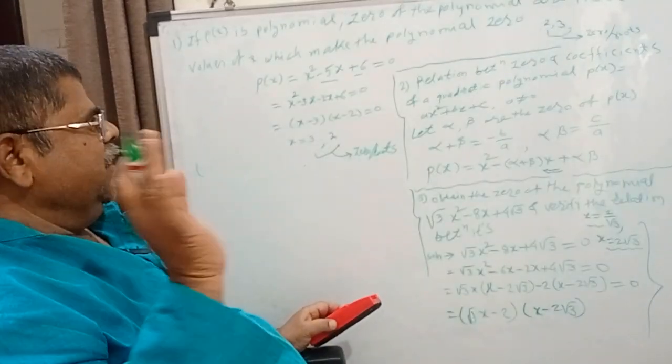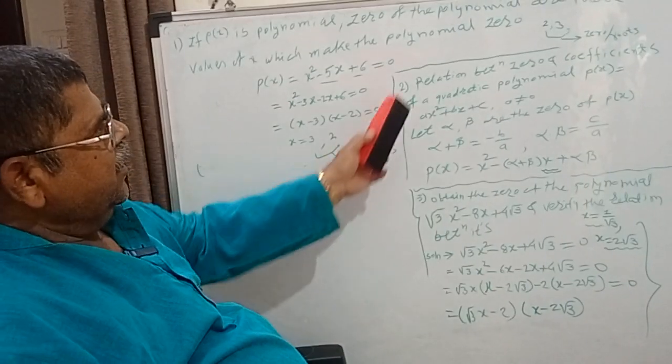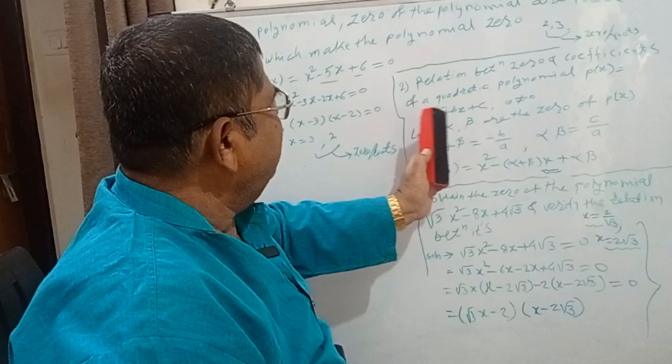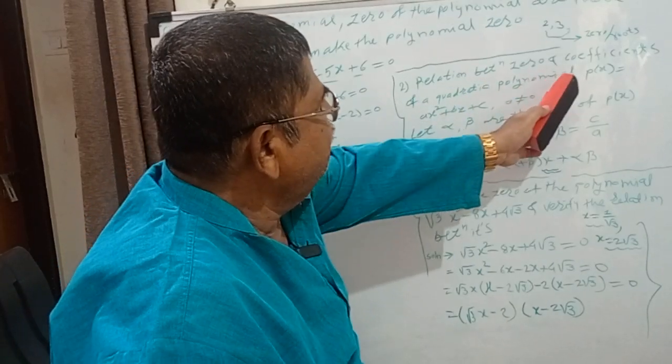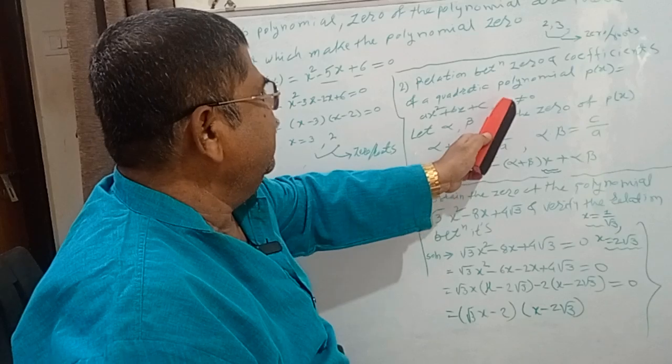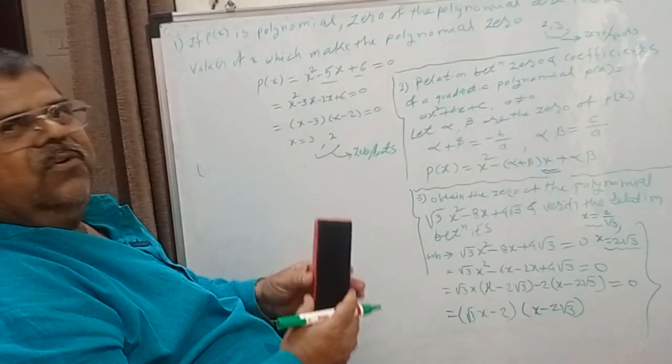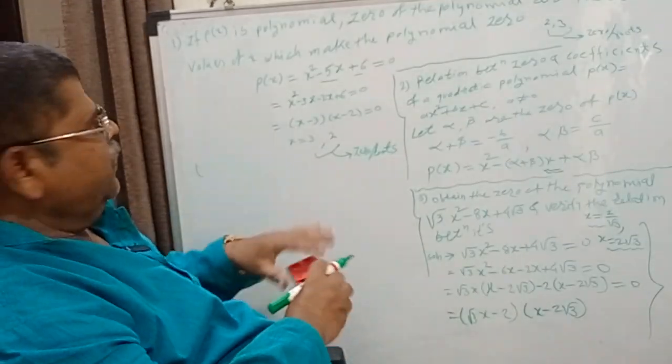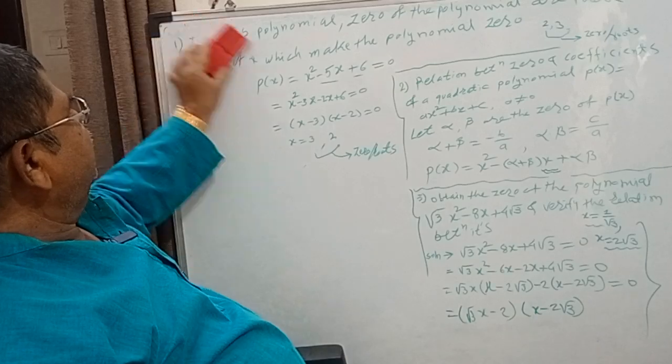Getting the point? Okay. Second, the relation between zeros and coefficients of a quadratic polynomial p(x) is equal to ax square plus bx plus c, if a is not equal to 0.